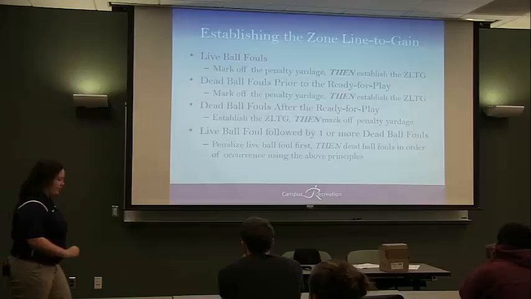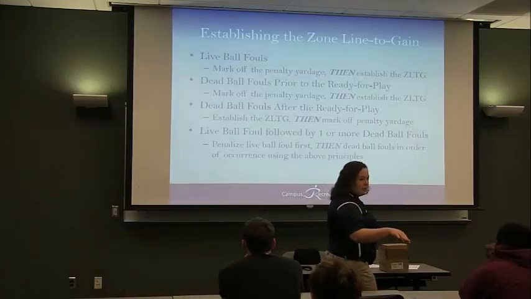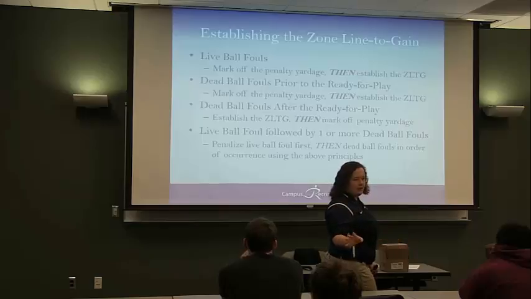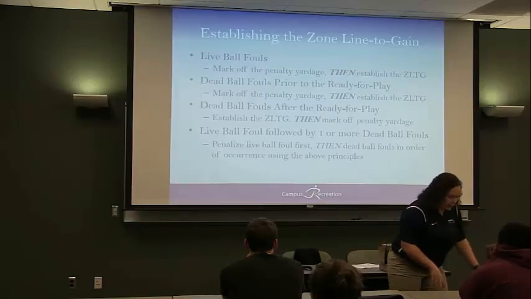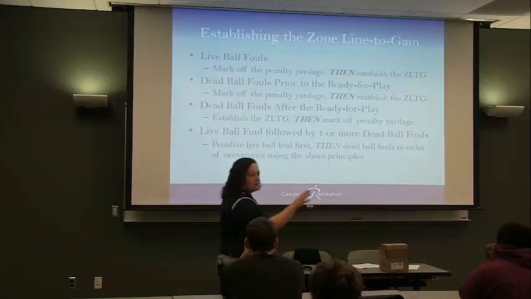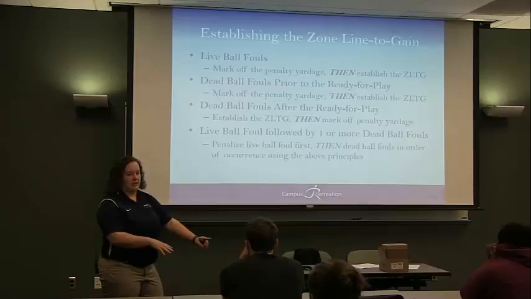We're going to march off that 5 yards. If our 5 yards takes us over that 20-yard line, or defensive pass interference, if it takes us over the 20-yard line, that means that offense gets a first down because you're passing that 20-yard line. You set the pucks until you blow that you're ready to play. As soon as you set them down, that's when you set the zone line to gain.